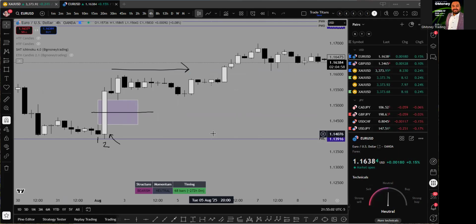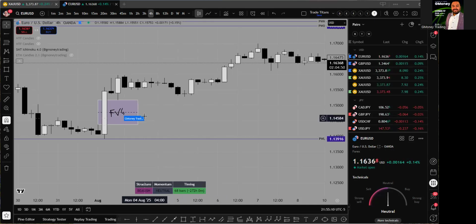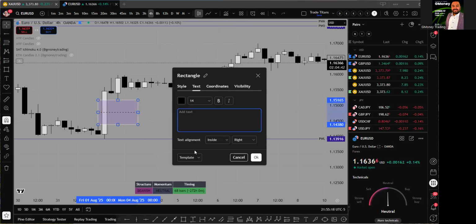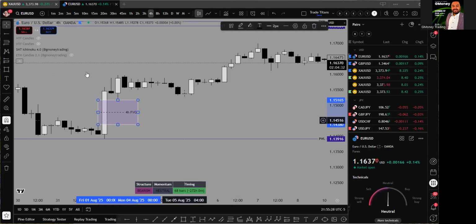This wick did not touch 50%. I think that's an area where price had control and never really came back down to it. So this 4-hour candlestick had enough strength to shift price up very slowly, and I think it's finally losing its steam.